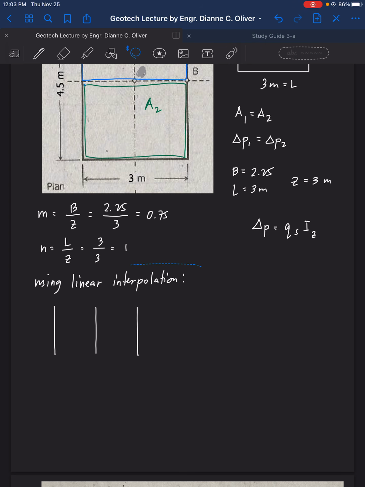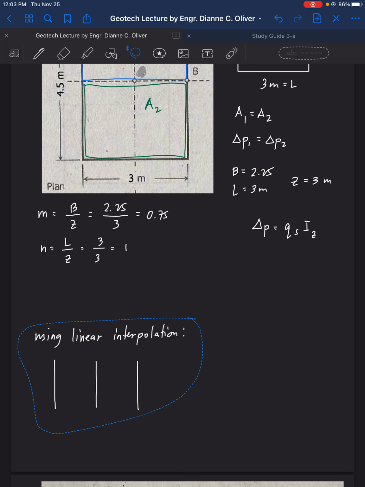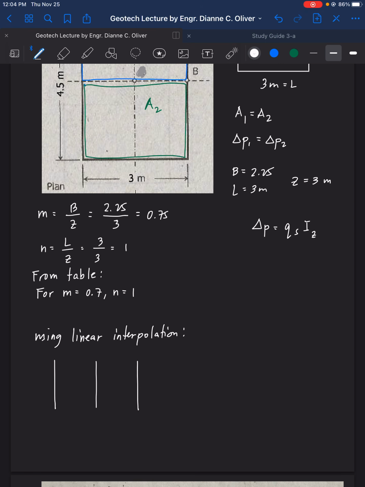So let's write here first before we proceed. From the table, for m equal to 0.7, n equal to 1, I sub z is equal to 0.1491.